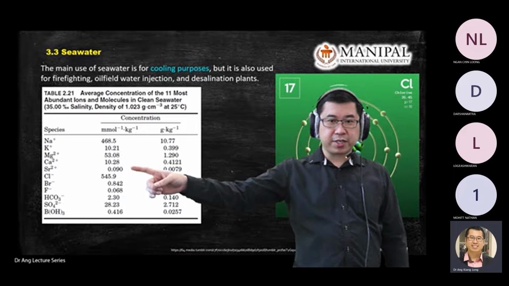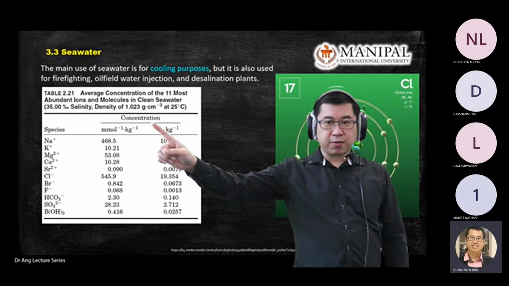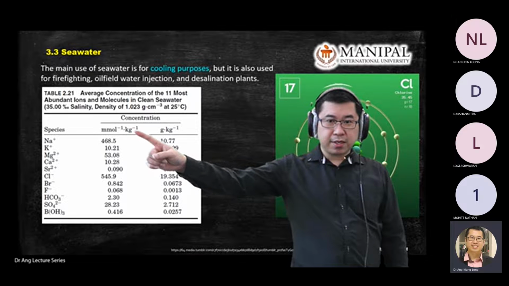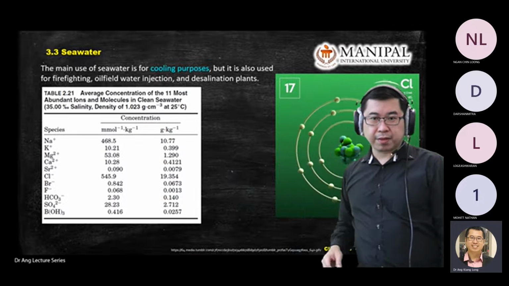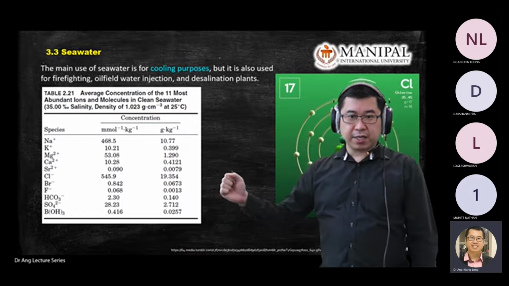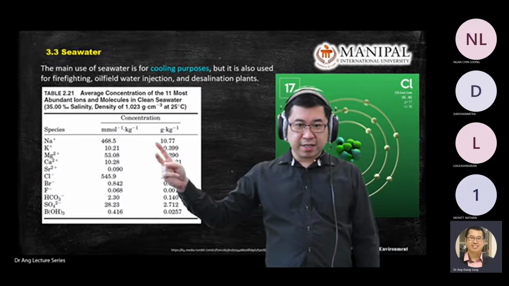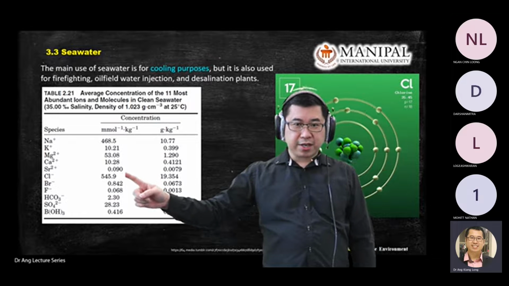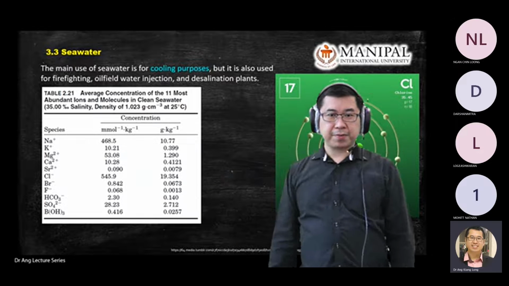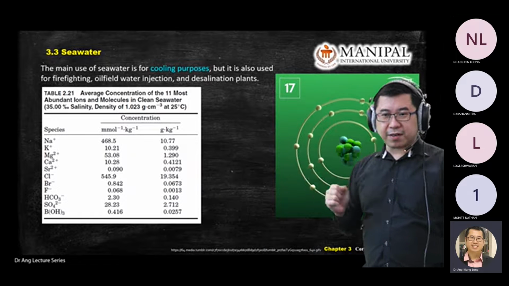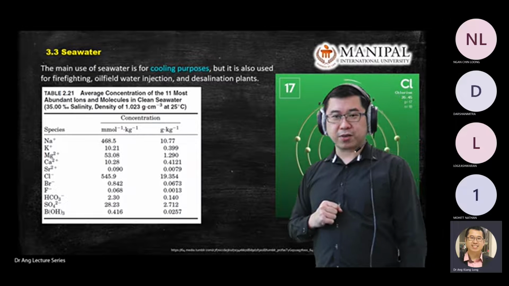For chemistry, we use concentration, in millimoles per kilogram. Just take note that on this table there are two main members, Cl negative and Na plus, but Cl negative contributes more towards corrosion.